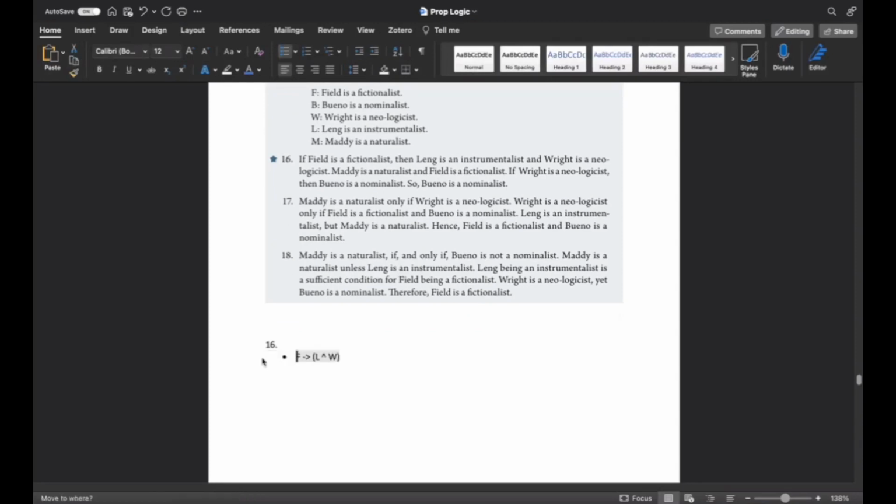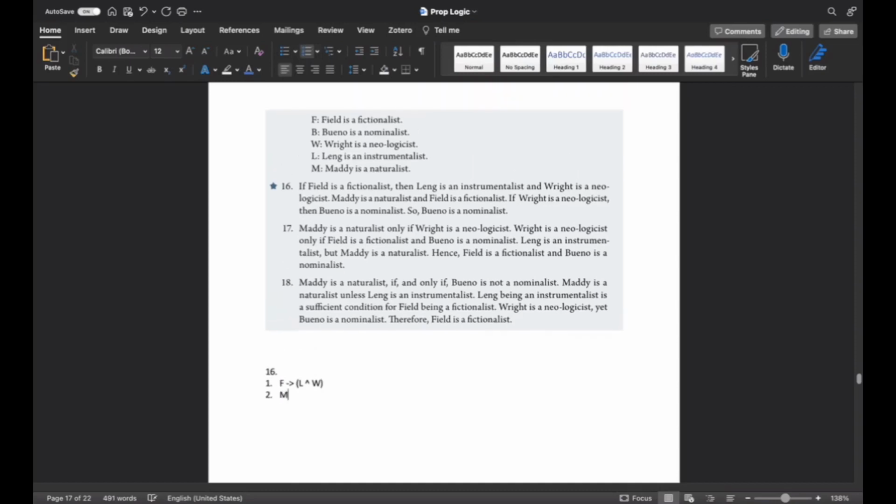P1, just use numbers instead of dots. So that's the first proposition or the first premise. Each of these are arguments, by the way. Always separate propositions and operators by a space. Looks cleaner. Cool.